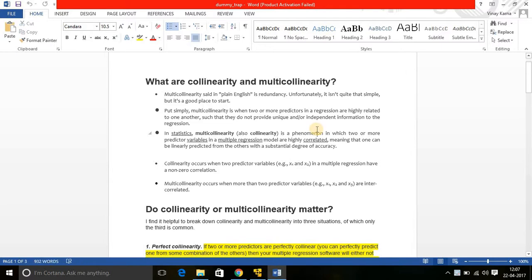So if two or more predictors are highly correlated or completely explainable by one dummy variable only, then we need not use an extra dummy variable. In stats, multicollinearity or collinearity is a phenomenon in which two or more predictor variables in a multiple regression model are highly correlated, meaning that one can be linearly predicted from the others with a substantial degree of accuracy.